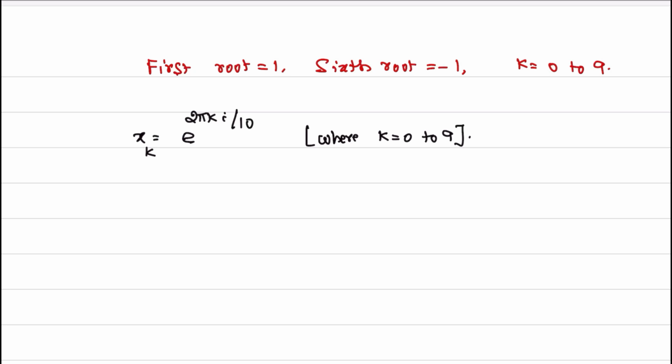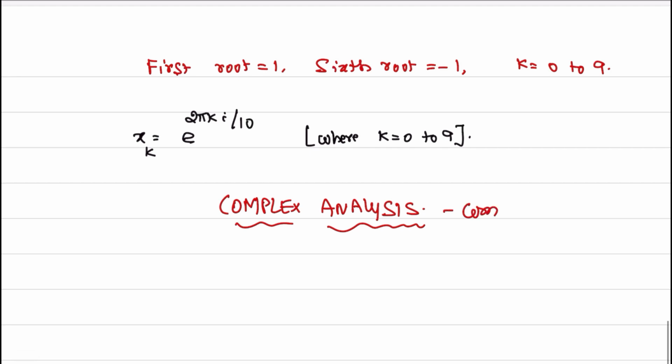Now, in the next class, we will dwell further into in-depth questions from complex analysis. Be prepared for in-depth questions from complex analysis. Once complex algebra is over, we will switch to complex calculus.